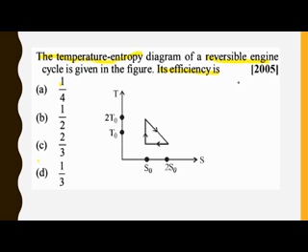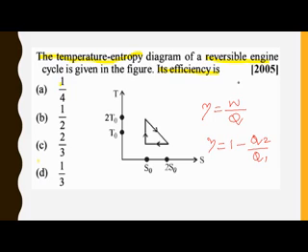Efficiency. Okay. The general formula is eta equal to W by Q. Another formula is 1 minus Q2 by Q1. So we can use the two formulas one by one.